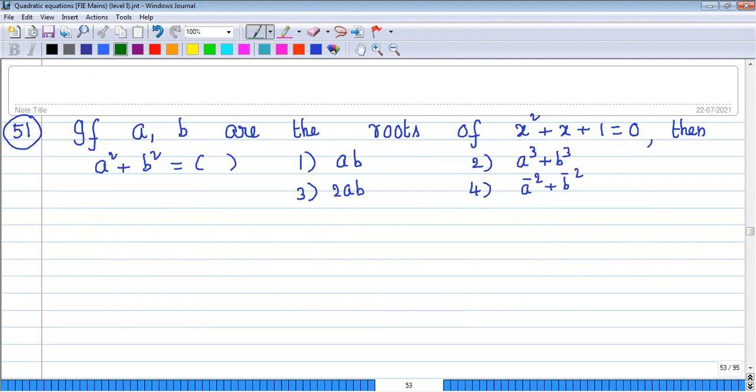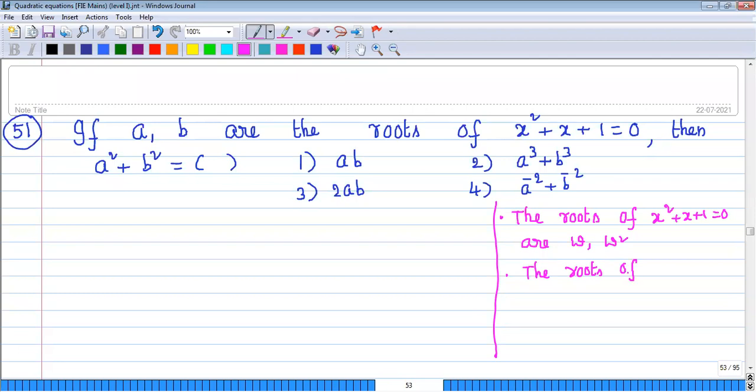Right. See, we know that the roots of x square plus x plus 1 is equal to 0 are omega and omega square. The roots of x square minus x plus 1 is equal to 0 are minus omega and minus omega square.